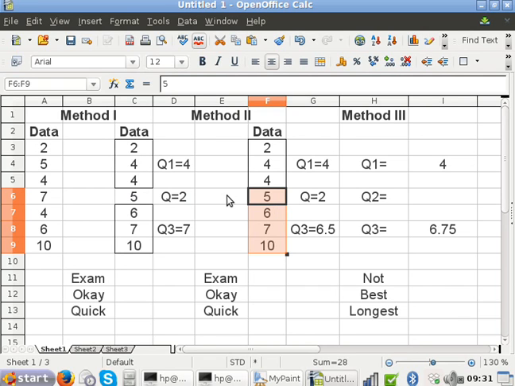Look, the 3 is not involved. Method 3 is the most important one, but you don't use it in the exam because it takes too long. Sorry, that should say 5, not 2.